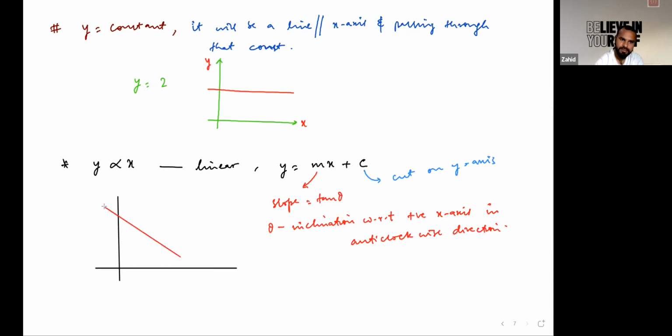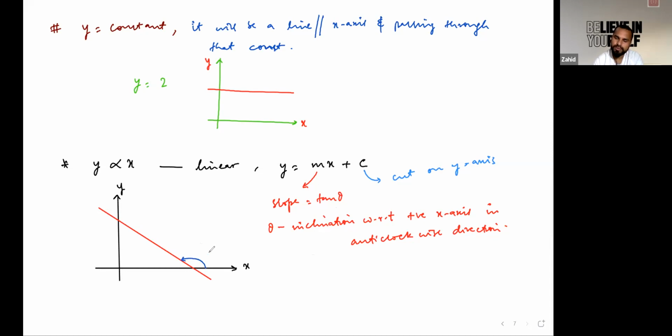Suppose you have a line joining these 2 points. This is the x-axis and y-axis. First of all, you have to calculate the inclination, which is the angle from the positive x-axis to this particular line. So the inclination will be this.